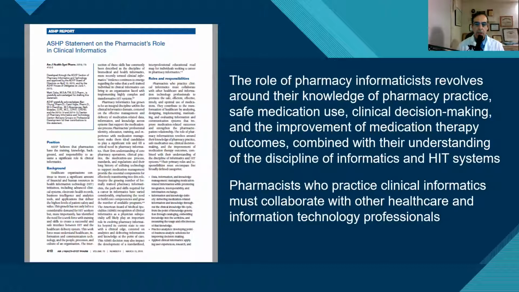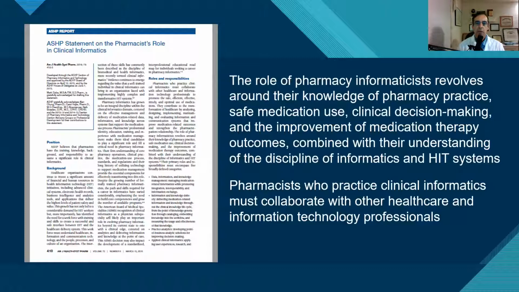The statement focuses in on pharmacy informatics and talks about how pharmacists who practice clinical informatics must collaborate with other healthcare and information technology professionals.